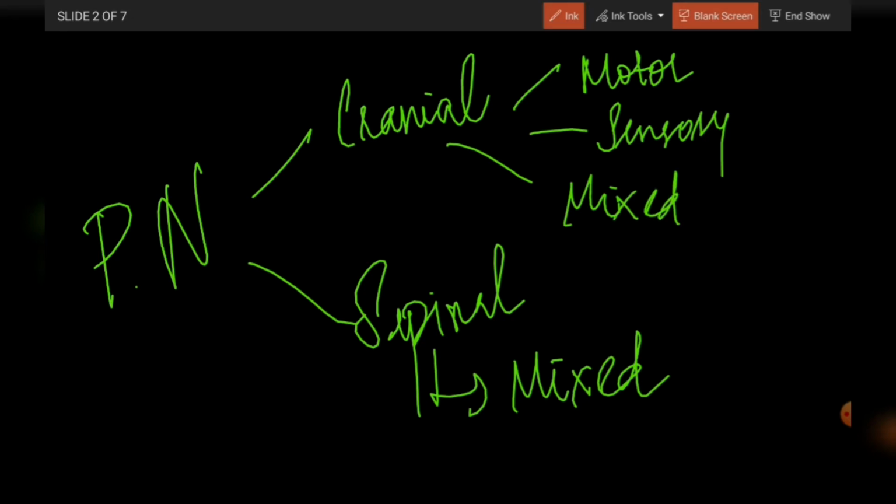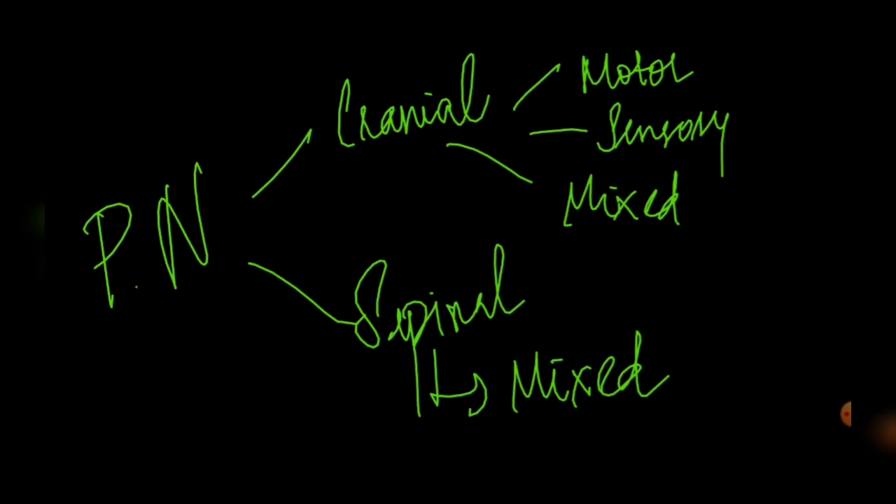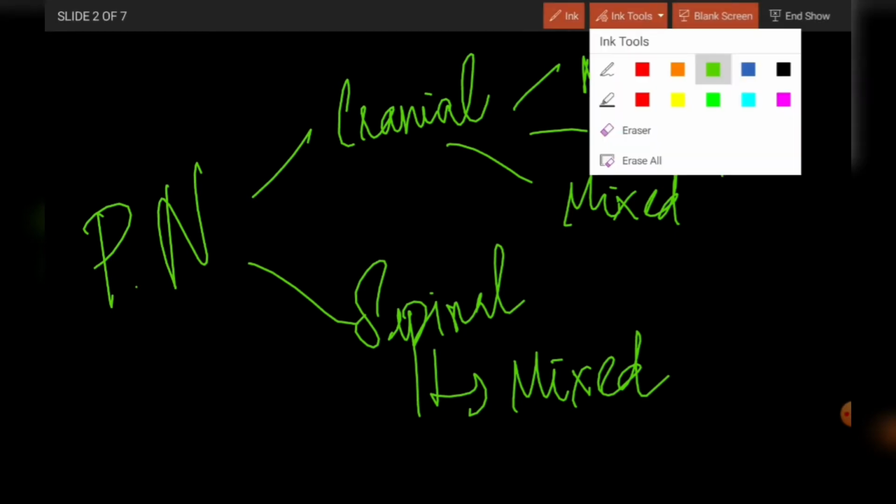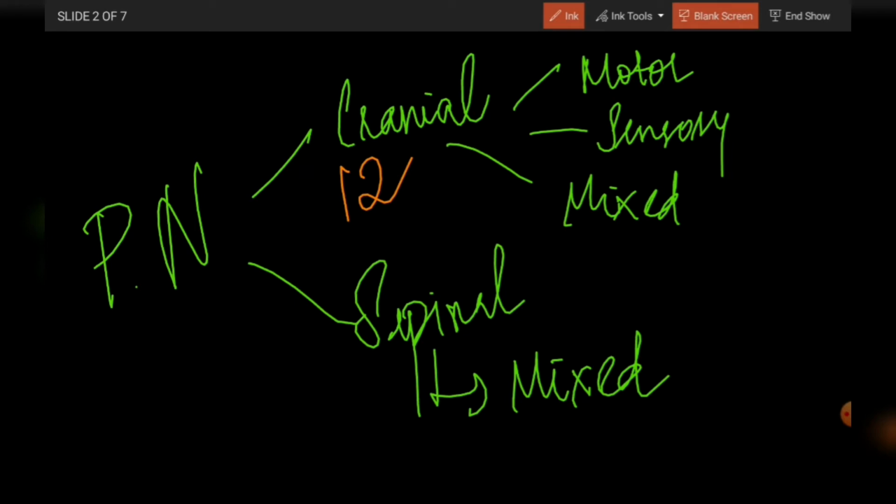It is really important to know how many pairs of cranial nerves we have. We have 12 pairs of cranial nerves and 31 pairs of spinal nerves. In these 12 pairs of cranial nerves, it's really important to know which are motor, which are sensory and which are mixed. If you remember any 2, we can make out the next one.